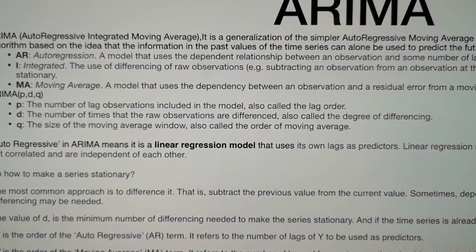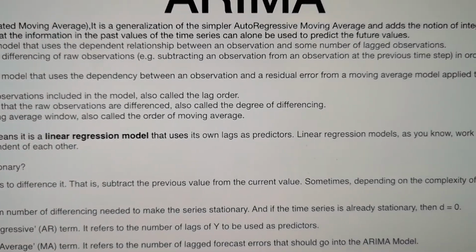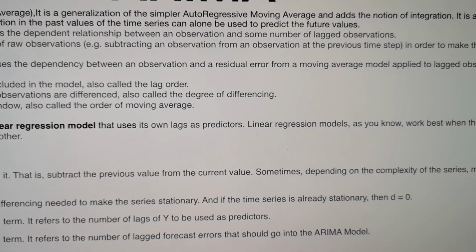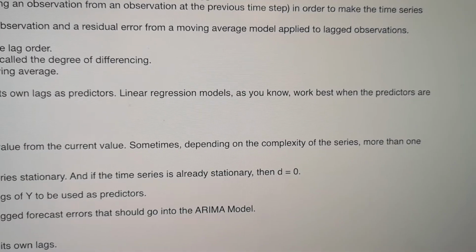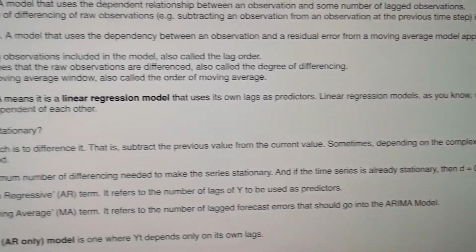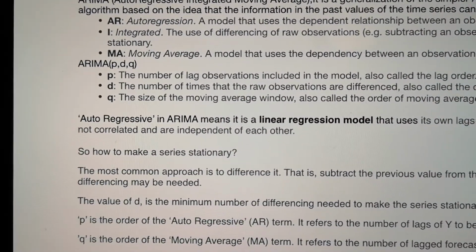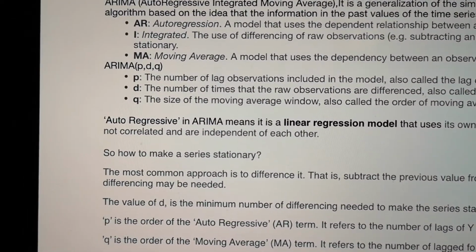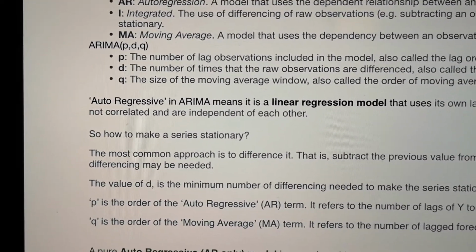ARIMA is a linear regression model that uses its own lags as predictors. Linear regression models, as you know, work best when the predictors are not correlated and are independent of each other. So how to make a series stationary?